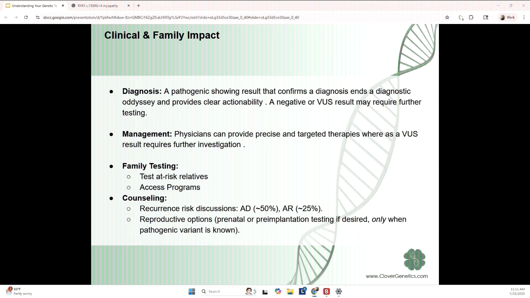For family members, a diagnostic pathogenic result can also provide testing for other family members. Again, if testing is fully negative and a panel is performed, there are broader tests that can be done, such as whole exome or whole genome sequencing, that provide a larger net. But again, it depends on the specific indications.